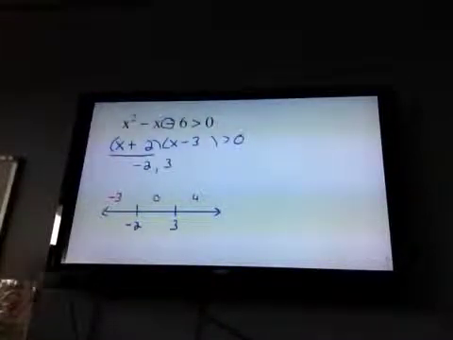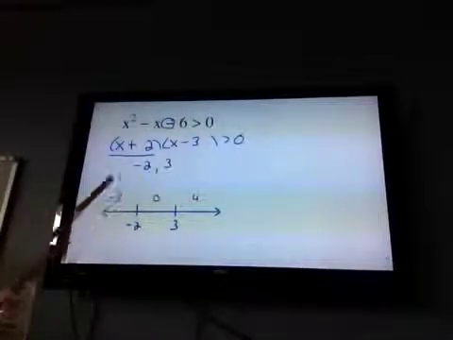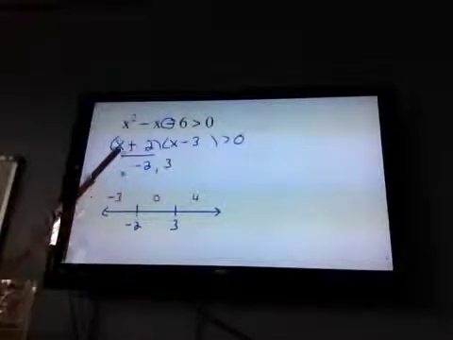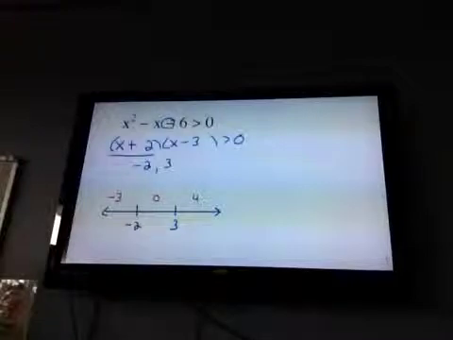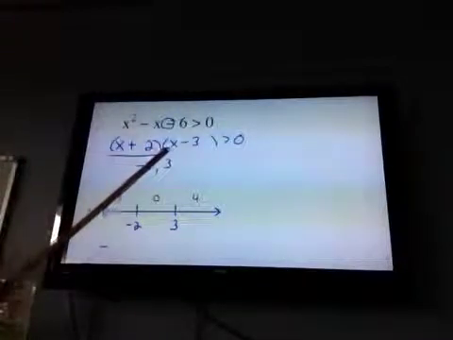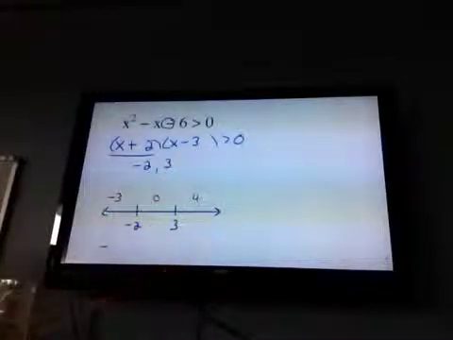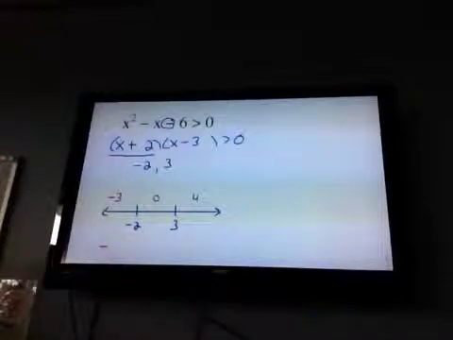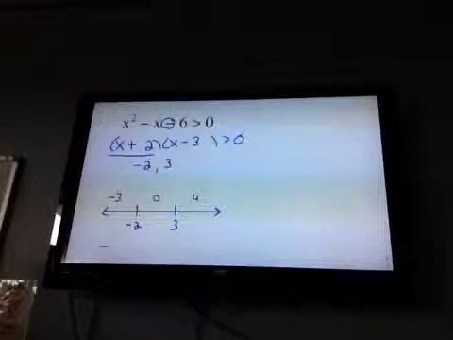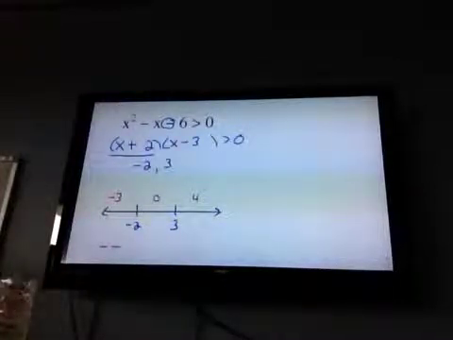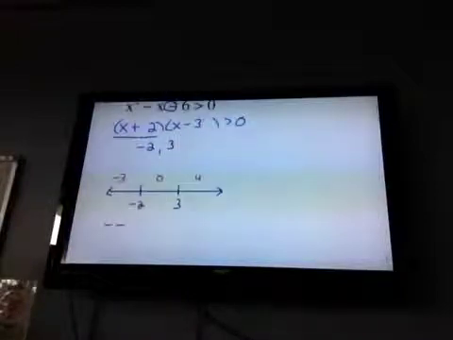No matter what number you put here, it's going to come up negative. And when I put it here, -3 minus 3, I'm going to get -6. I'm going to get a negative. I'm only worried about the sign. So when I take a negative times a negative, I'm going to end up with a positive.